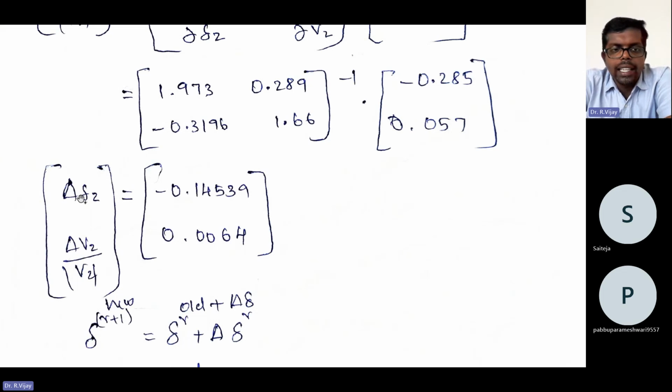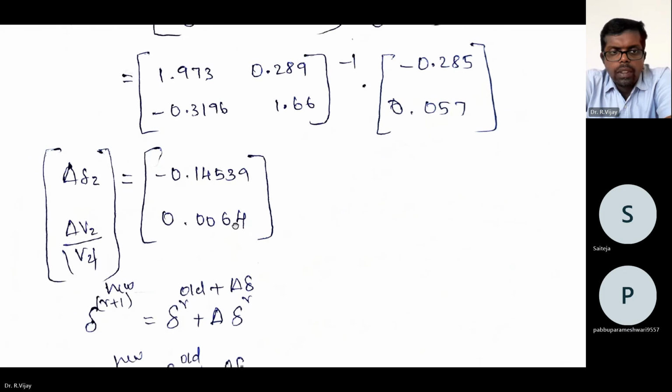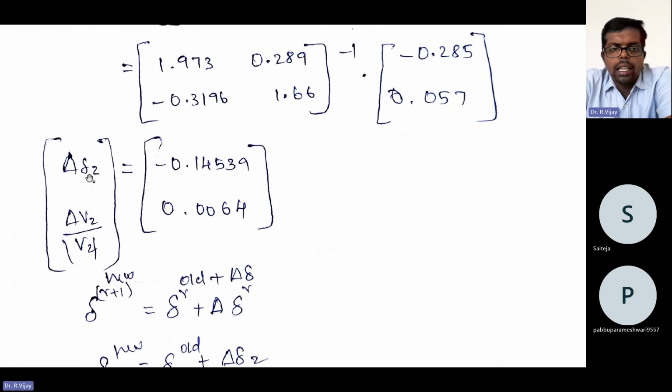Final answer: change in del 2 divided by del V2 divided by V2 is equal to minus 0.14539 and 0.0064. So the change in the phase angle value is minus 0.14539, and the change in the voltage value is 0.0064.